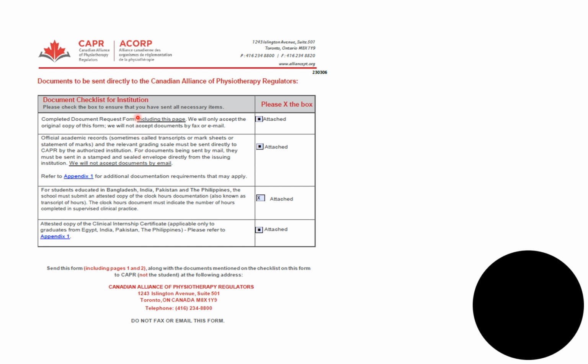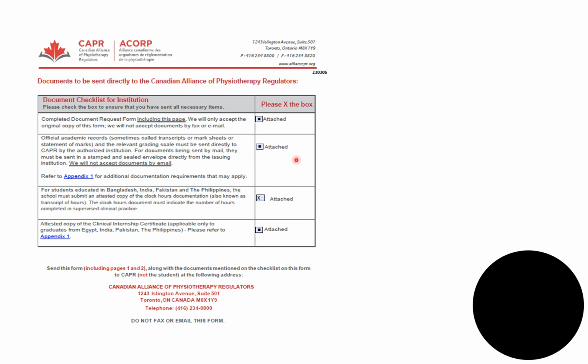The document is to be sent directly to CAPR. Once you have read it through and checked the boxes, you need a copy of this entire 6 pages; attach it and your institution will put it in an envelope.